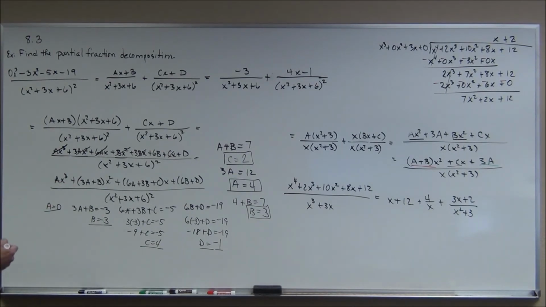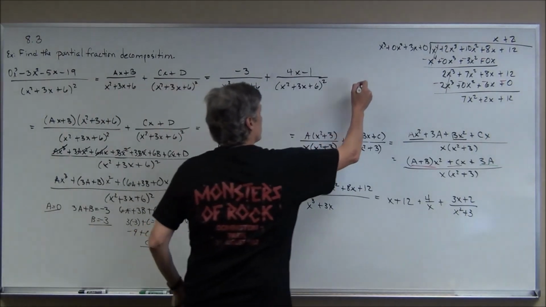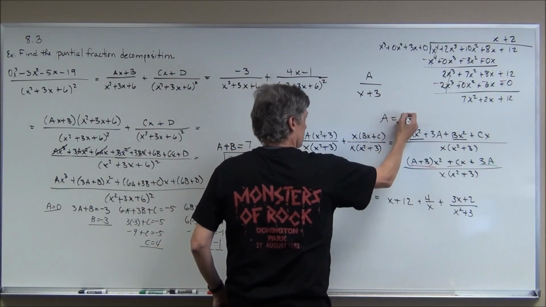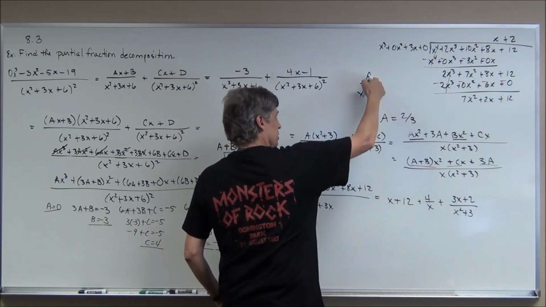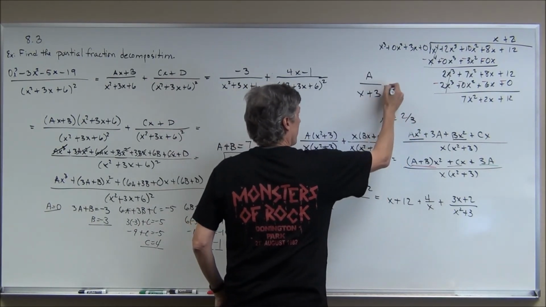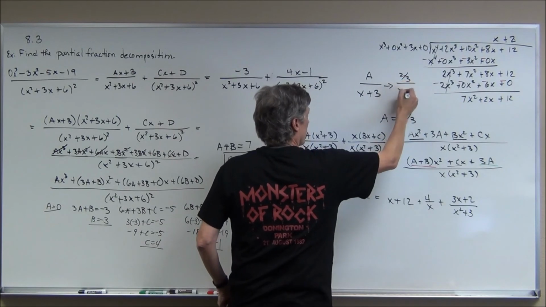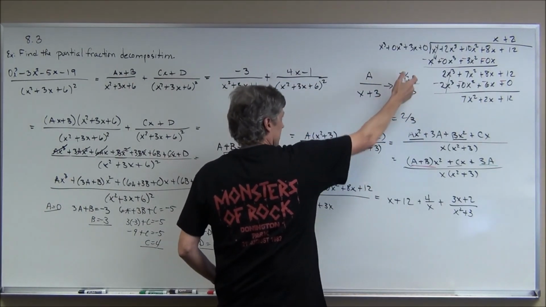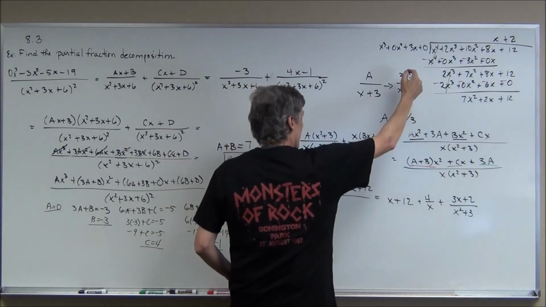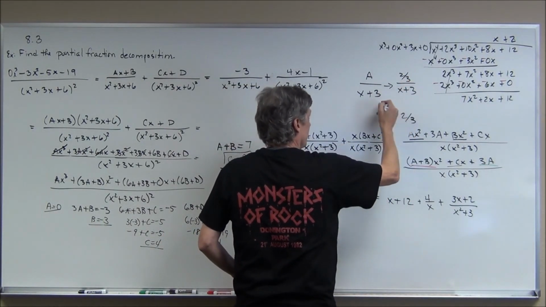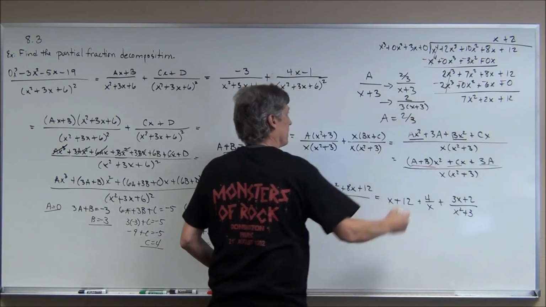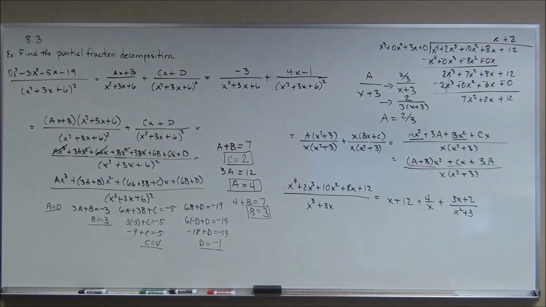Like, for example, if I have, let's say, a over x plus 3, and it turns out that a is 2/3, you can put the 2/3 in there. This would be like 2/3 over x plus 3. Now, I wouldn't leave it that way because it's a complex fraction. I would probably multiply top and bottom by 3 and write that as 2 all over 3 times the quantity x plus 3. And that would look a little bit better in that form.